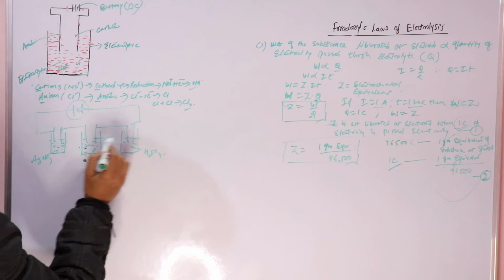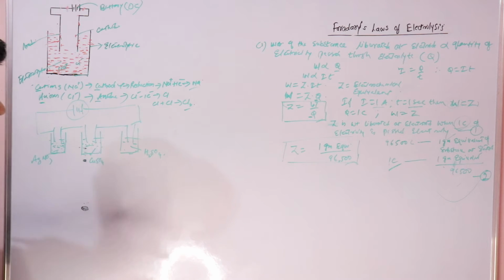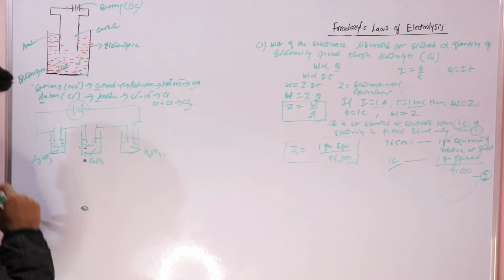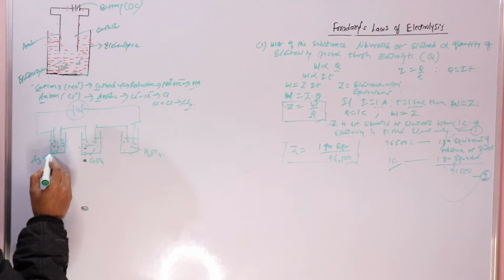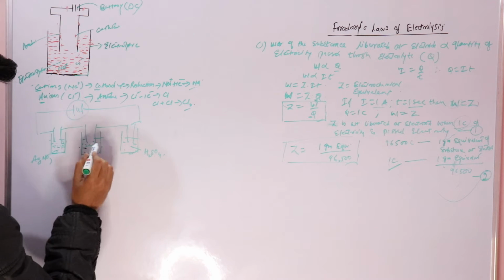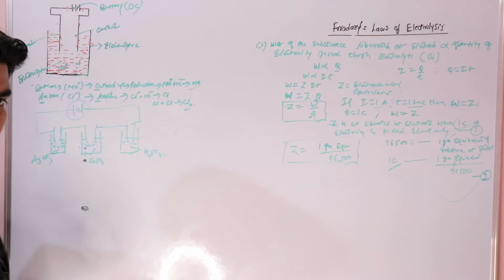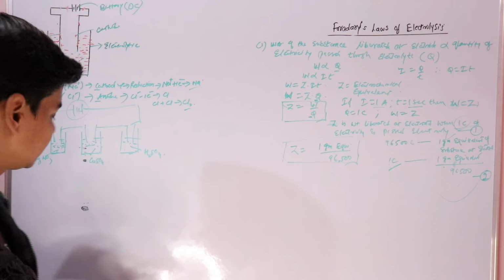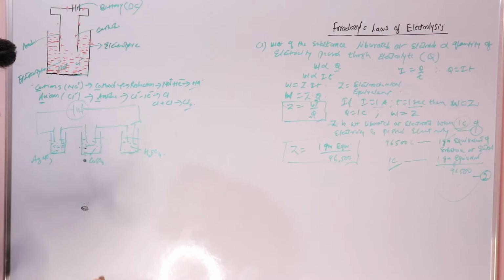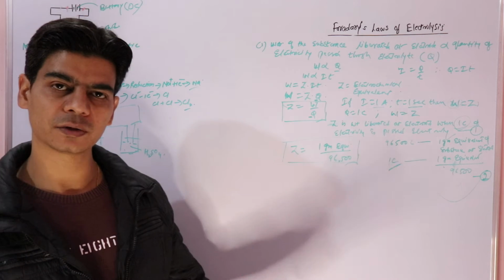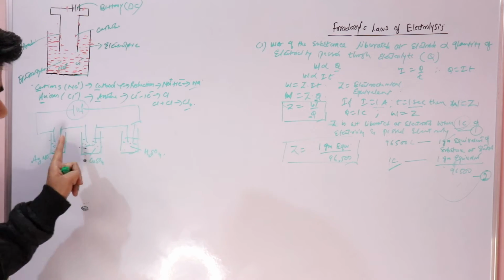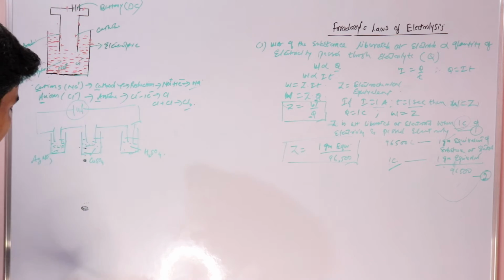So when I pass the same electricity through the electrolytes of these 3 electrolytic cells, then the amount of substance liberated in each of these cells would be proportional to the equivalent weight of the substance. Instead of amount of substance, we say the weight of the substance obtained at electrodes would be proportional to the equivalent weight of the substance.